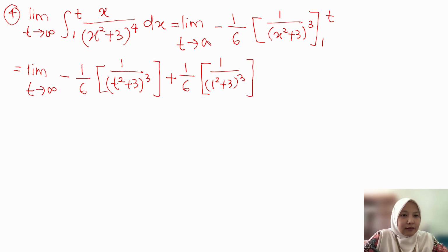Here t takes positive infinity, so 1 over positive infinity becomes 0. And the value will be 1 over 384. So this is the final answer. This question consists of 8 marks.